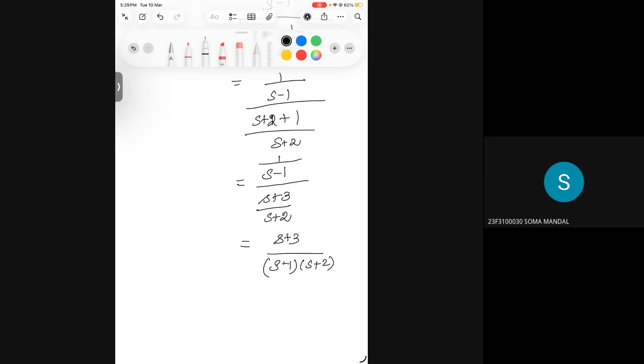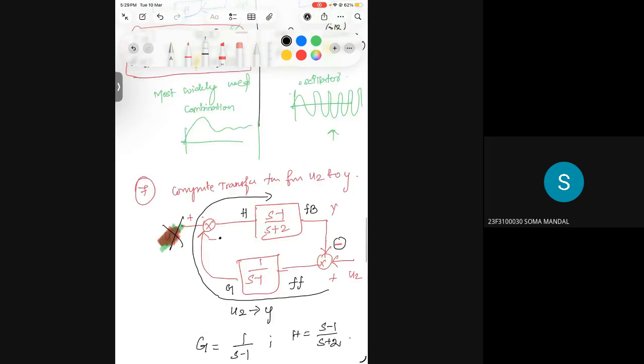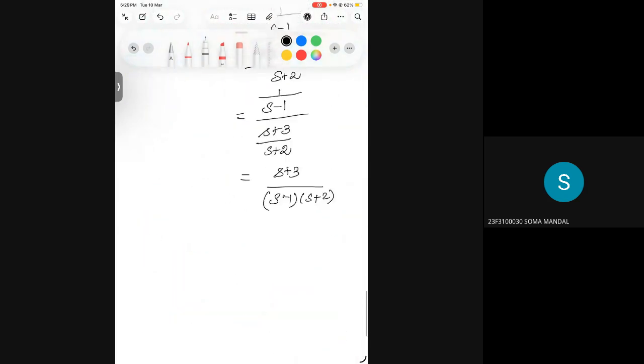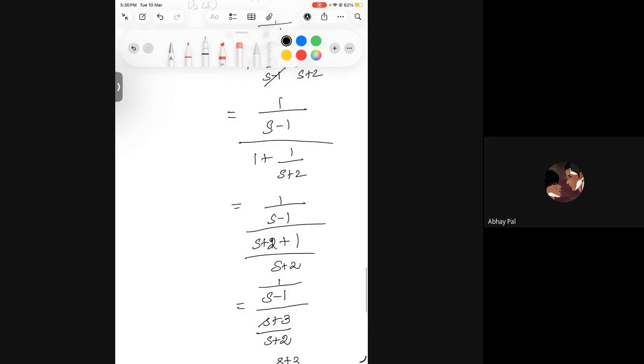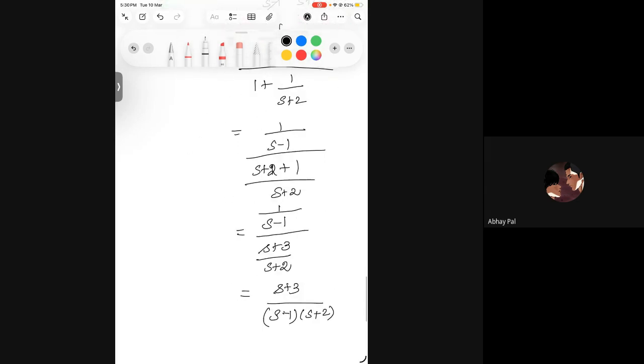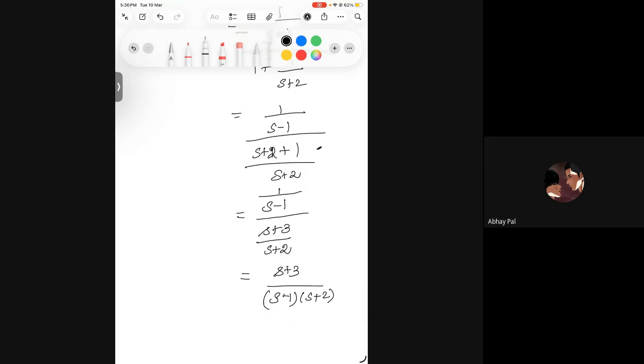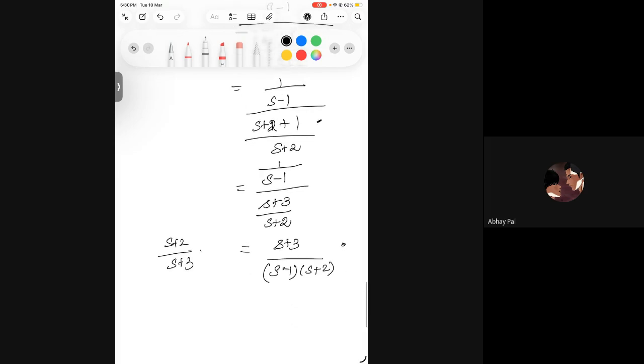Somewhere I made a mistake while inverting. Give me a minute, I'll check. Hello, ma'am. Yes, it should be S plus 2 upon S minus 1 into S plus 3 in the last step. Okay, let me figure out where I made the mistake.